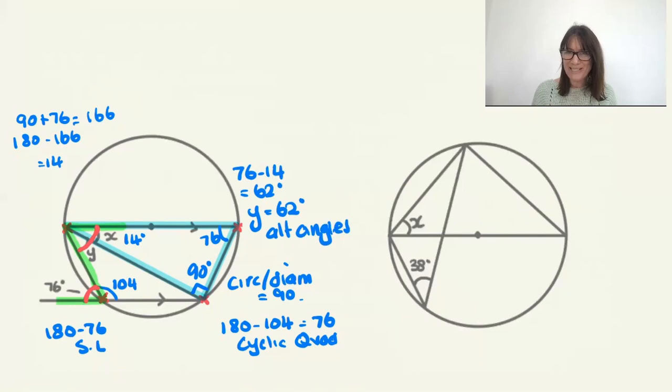Huge amount going on, isn't there? So many different rules, so much to see and look for in those diagrams. That is what makes them tricky. Okay, practice is what's gonna help here. Exposure. So if you are finding this hard, if you're not getting there quite yet, don't worry about it. The more we do it, the better we're going to get.